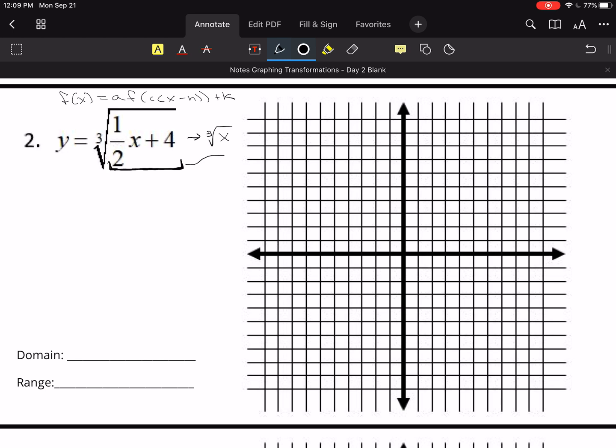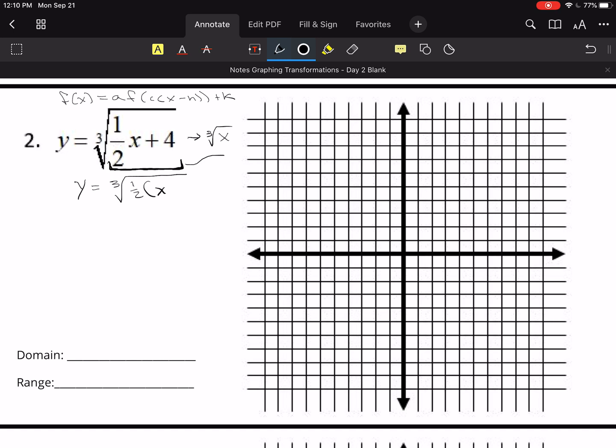So whenever you have a c value and an h value, we have to factor out that c to get it out front, kind of unattached to the x a little bit. So to change this problem, I would factor out 1/2. So my new problem would become 1/2 parentheses x.